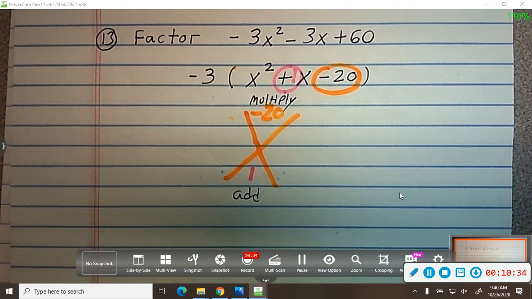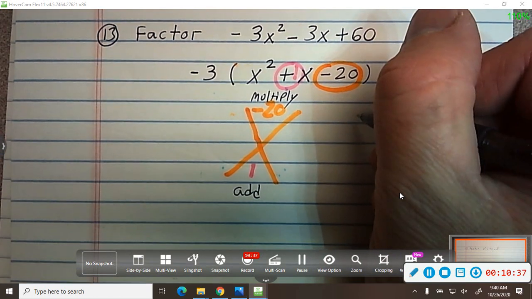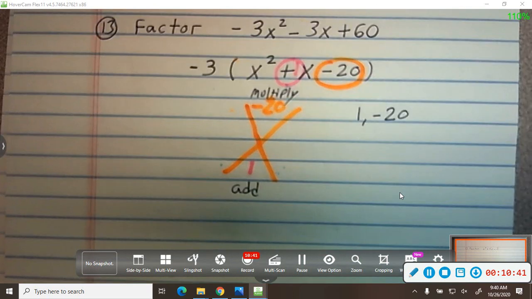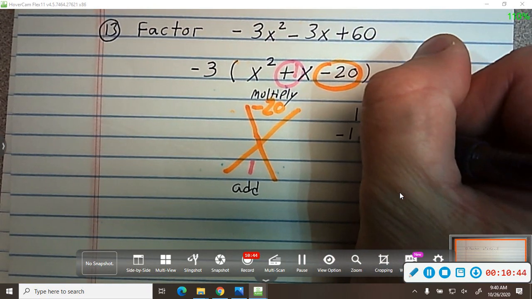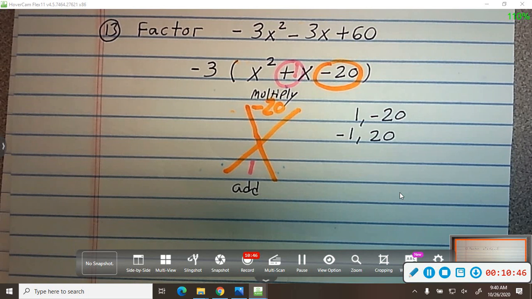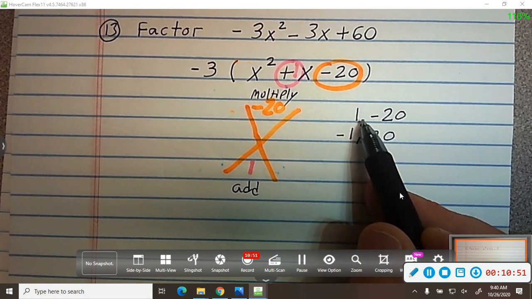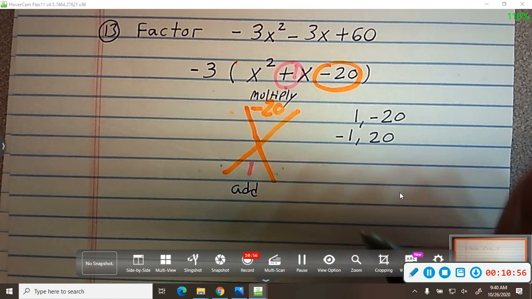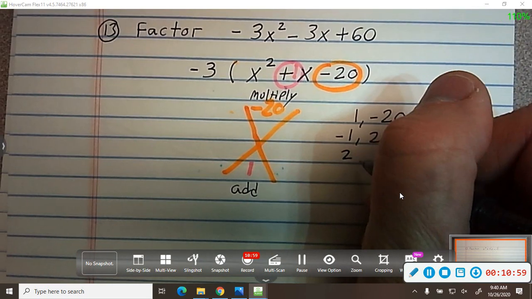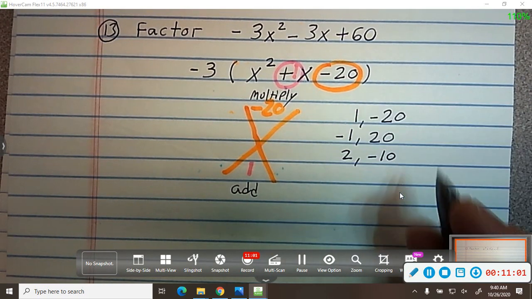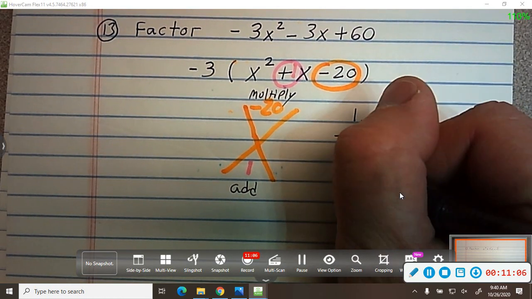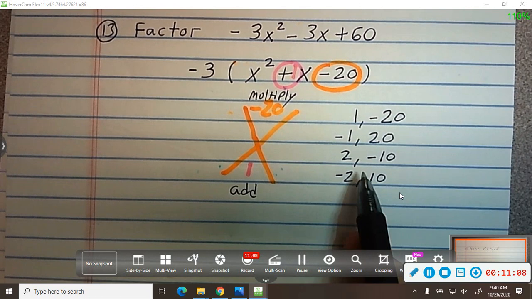So thinking about negative 20, that could be 1 times negative 20. It could be negative 1 times 20. Because a negative times a positive is negative. Adding those, I get negative 19. Here I get positive 19. I could try 2 and negative 10. That'd be negative 8. And then I could do negative 2 and positive 10, which would be positive 8.